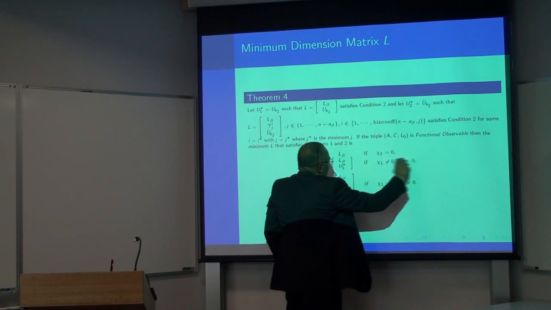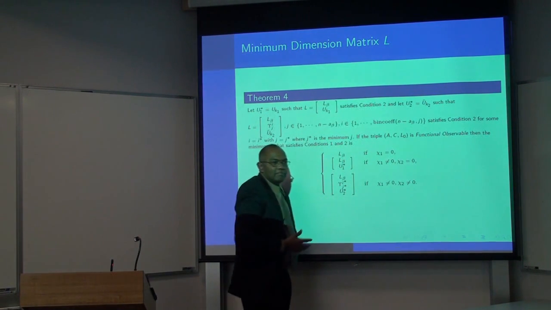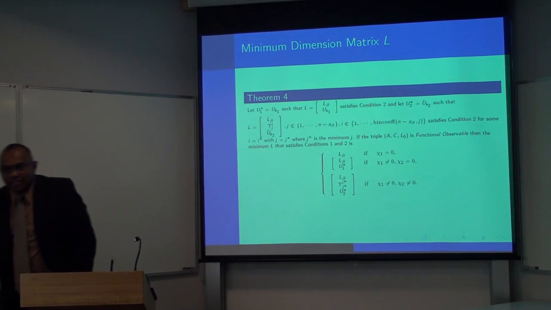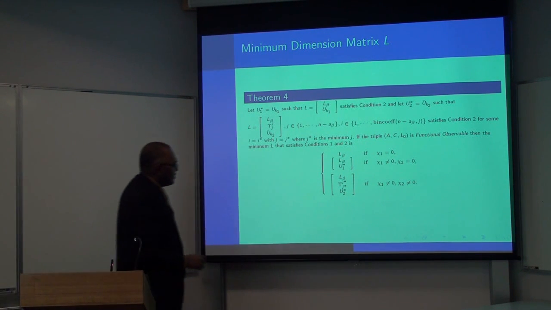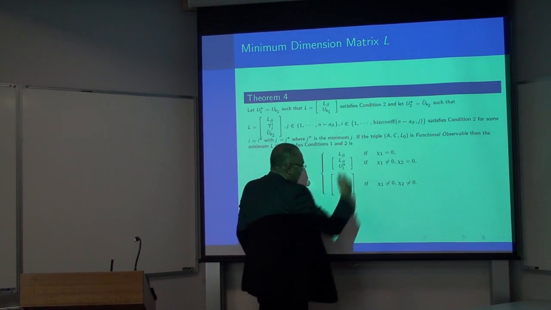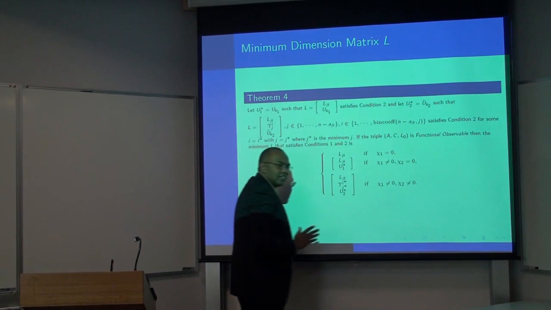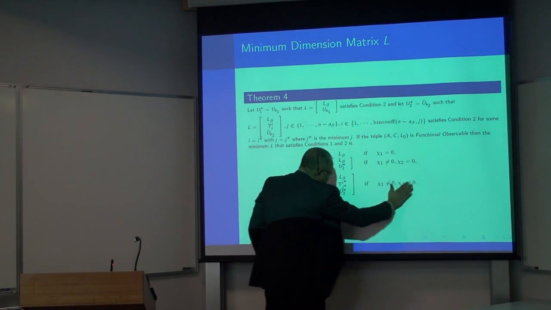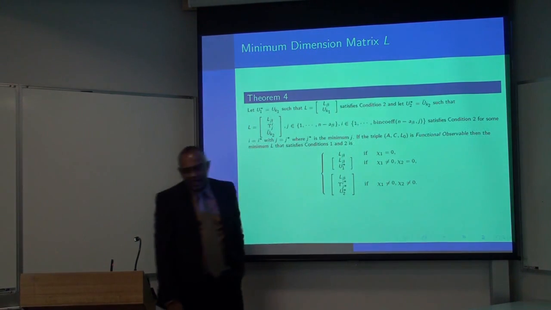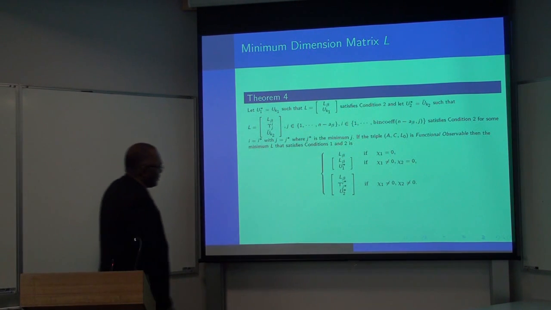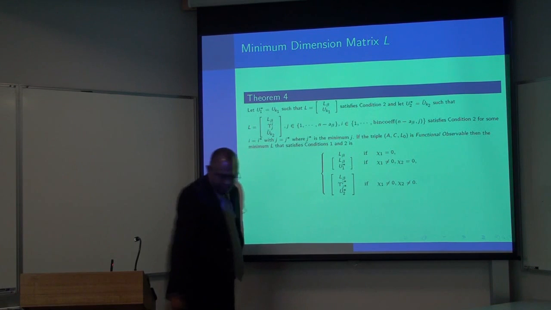If that's the case, that is the minimum dimension matrix L that satisfies the 2 conditions. These terms are clearly well defined. And if phase 1 or 2 doesn't exist, then we look for a phase 3 observer, which is that, and the rows in that will give you the minimum order for the observer. So that's the final theorem.